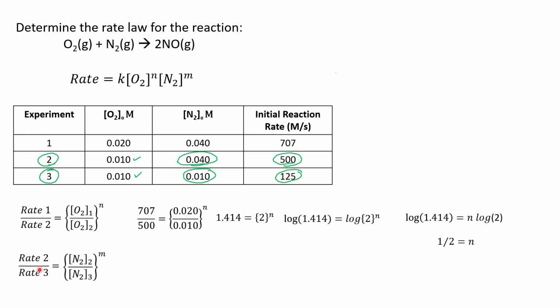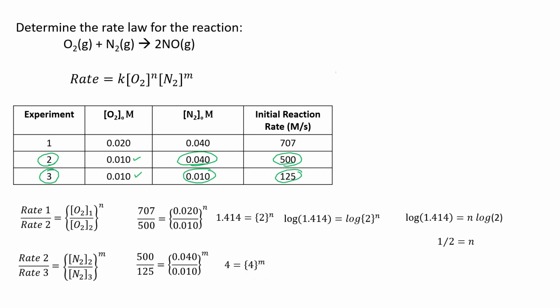So I'm going to compare rate 2 to rate 3, making sure my concentration of nitrogen is 2 over 3 as well. And of course, this is raised to the m. Let's just plug numbers in. So this is just going to be 500 over 125, and my concentrations are going to be 0.04 over 0.01. Again, let's simplify these fractions, and we get 4 equals 4 to the m.